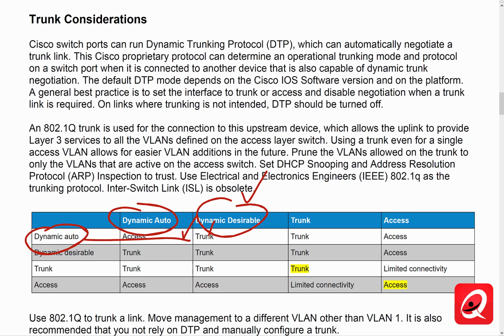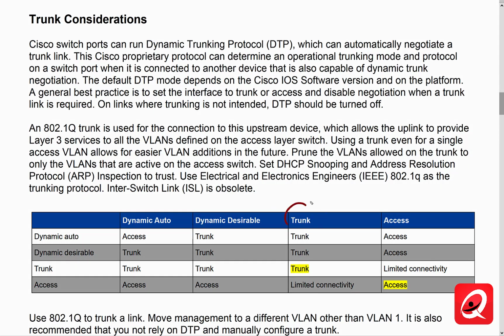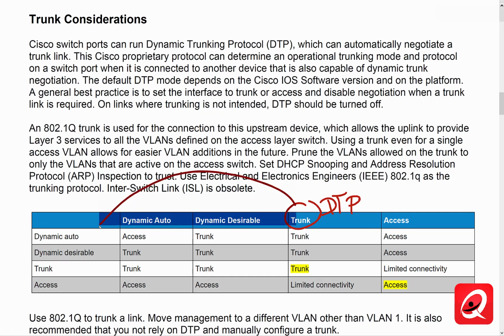Now, the reason why trunk to dynamic auto works is because when you set up a trunk interface by going into the interface and typing the command switchport mode trunk, it actually does still send out DTP messages. So when you do trunk to dynamic auto, we will negotiate to be a trunk, because trunk interfaces still generate DTP messages.